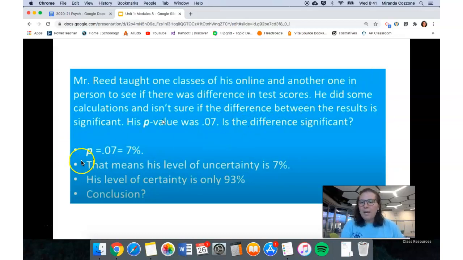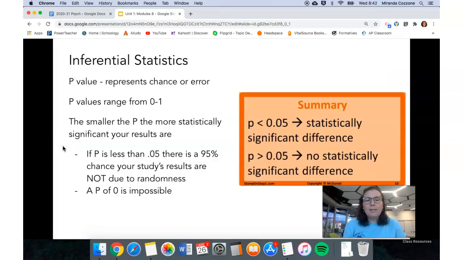All right, so his p is 0.07, which means that his level of uncertainty is 7%. So he can say with 93% certainty that his results are not due to chance. So that's really high. But if you remember from the slide behind us, the p-score has to be less than 0.05 to be statistically significant in order to be able to publish those results and make a claim.